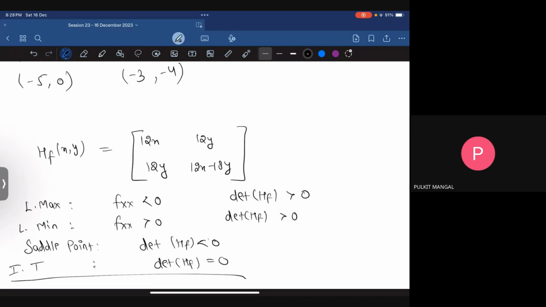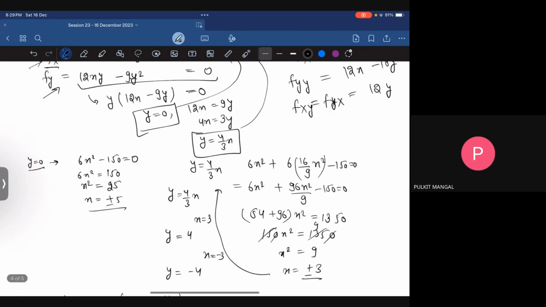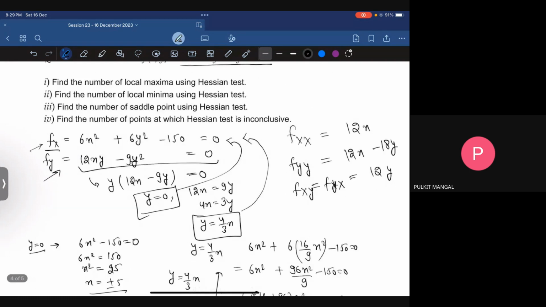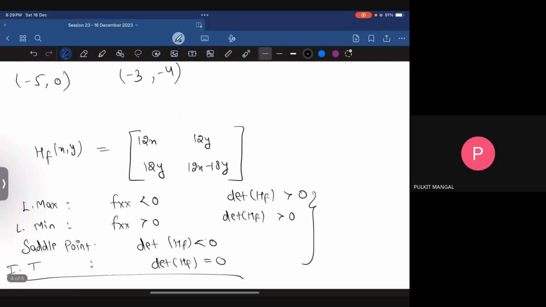In the question, it is asking about all four things: the number of maxima, minima, saddle points, and the points at which the Hessian test is inconclusive. We always need to find the determinant. So the determinant of the Hessian matrix would be 12x times 12x minus 18y, minus 144y square.